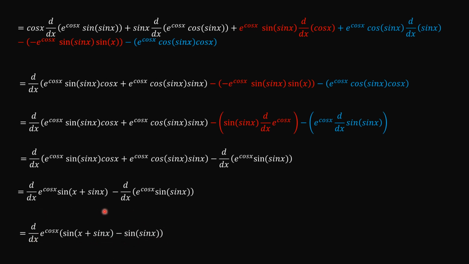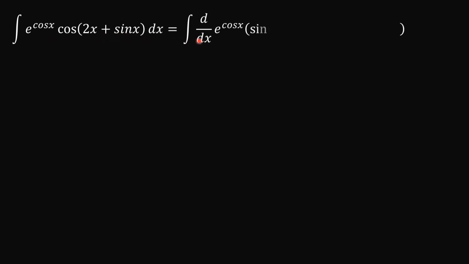So plugging this into the original integral, where we say it is the integral of e to the power cos x cos 2x plus sin x, it's the same as the integral of the derivative of e^cos x plus sin x of cos x plus sin x minus sin x.